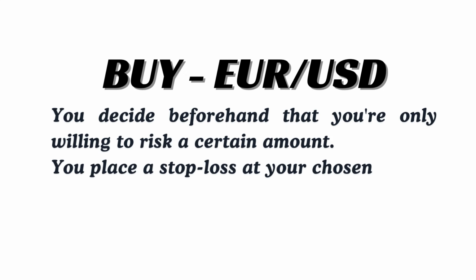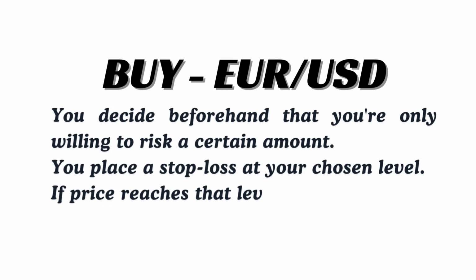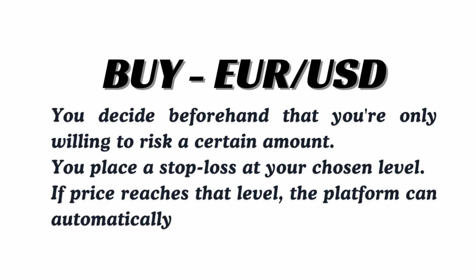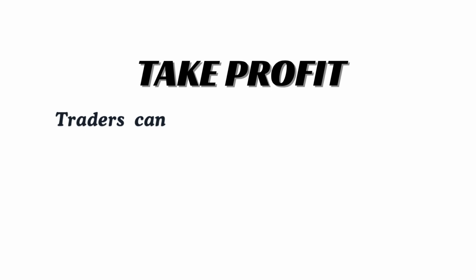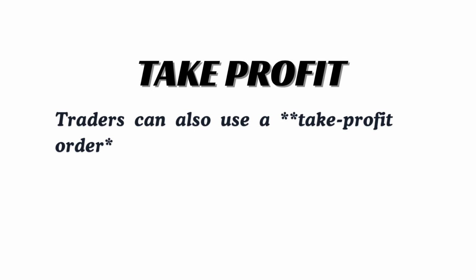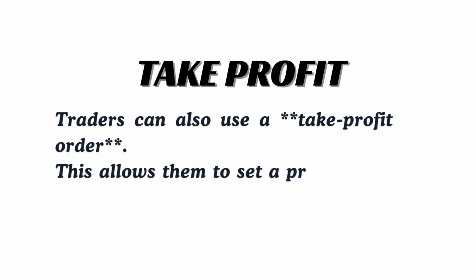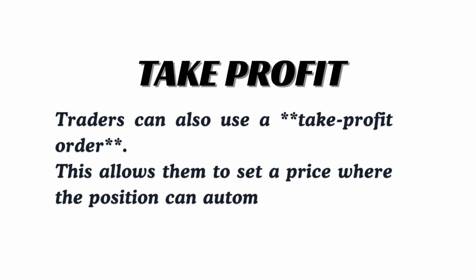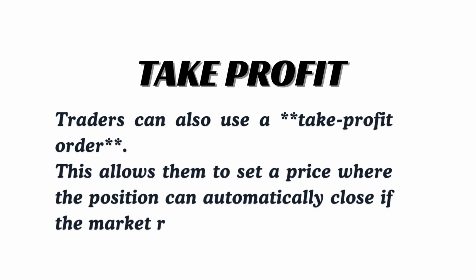You place a stop loss at your chosen level. If price reaches that level, the platform can automatically close the position. Traders can also use a take profit order. This allows them to set a price where the position can automatically close if the market reaches their target.